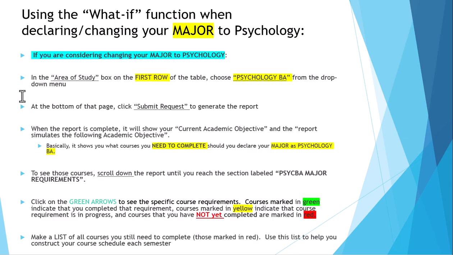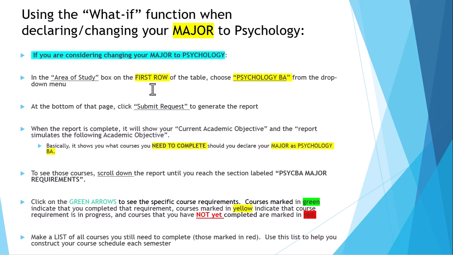If you're wondering what you'll have to do to complete a psychology major, then on that next page with that report, go to the area of study box on the first row of that table. When you first generate the report, it should show your current major.